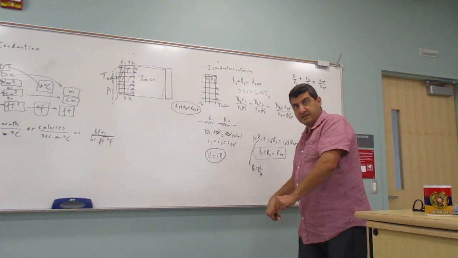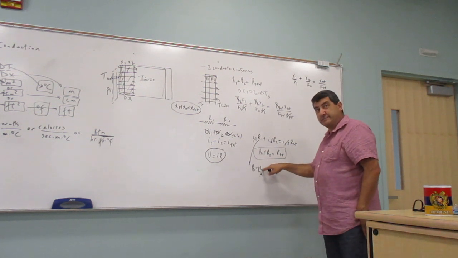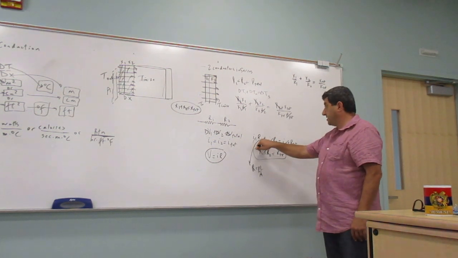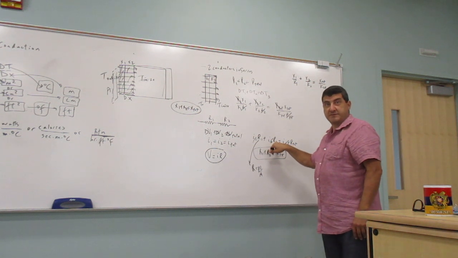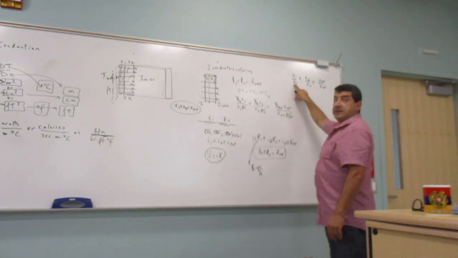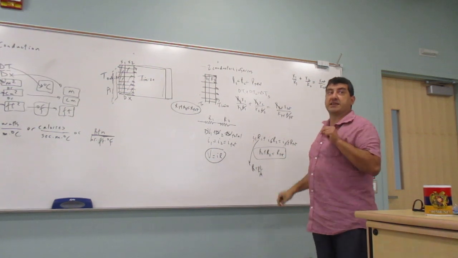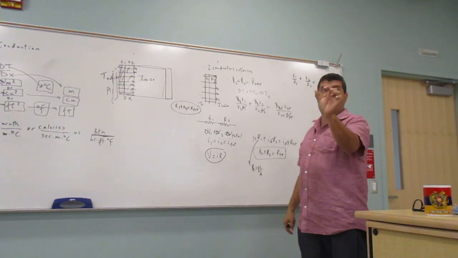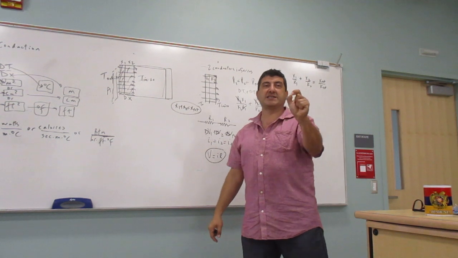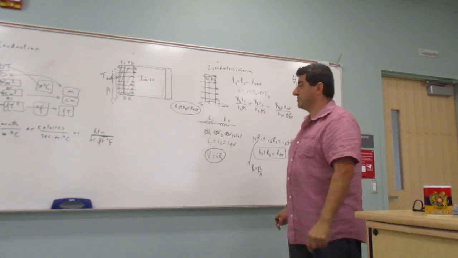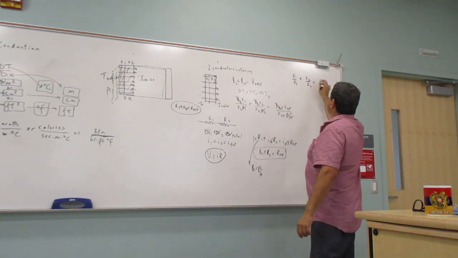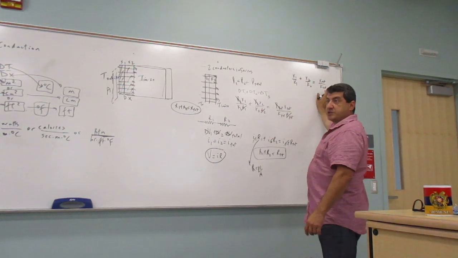So the length of the resistor is already built into the resistance. Therefore, in the formula, the length doesn't appear. Whereas the K is independent of the length of the material. It's just the material. So it doesn't have the length or the thickness built into it. So therefore, nothing cancels. It stays the way it is.